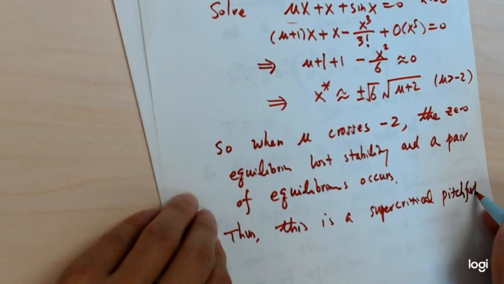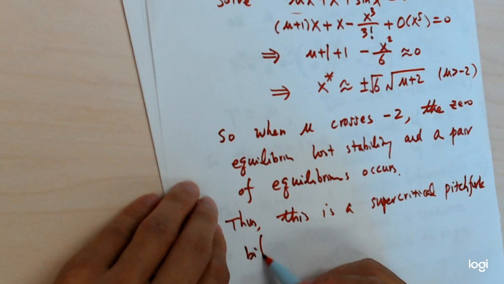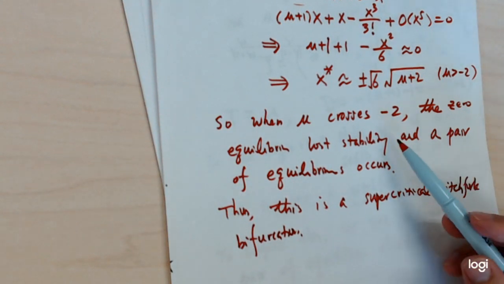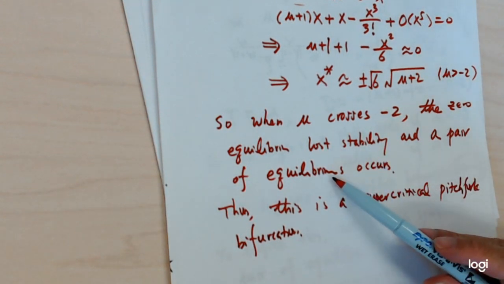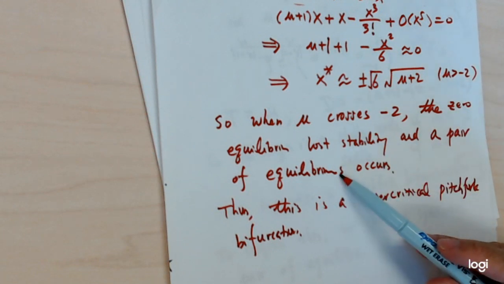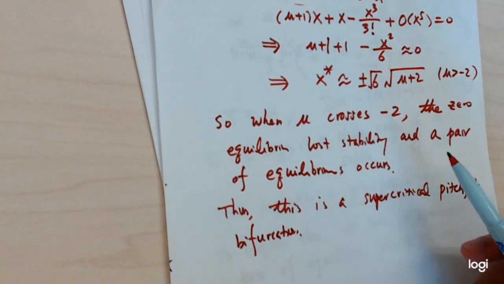So this is a pitchfork bifurcation. Zero lost stability. I guess those two, that pair of equilibria, become stable. So that's why we call this a supercritical pitchfork.